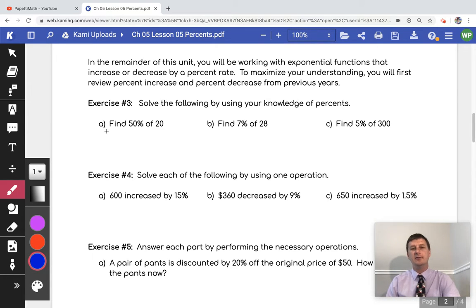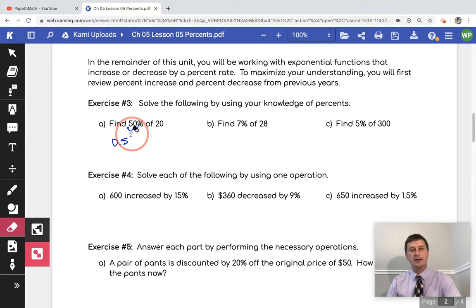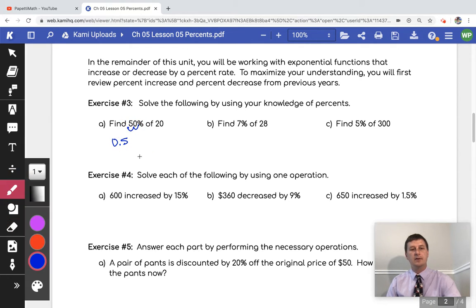Find 50% of 20. We know that 50% as a decimal is going to be 0.5. Of in math tells us that we're going to be multiplying. So when we see of times 20, we're really doing 0.5 times 20.